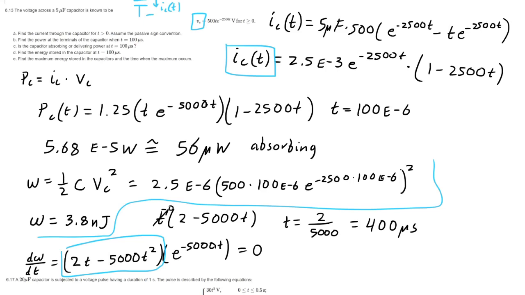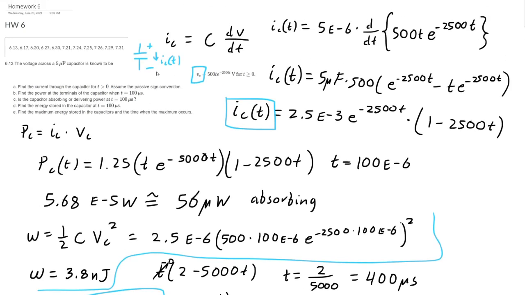We can find the energy using the same equation as before, work is 1/2 C v squared, but we plug in 400 instead of 100 in that expression. You end up with the maximum work being approximately 13.5 nanojoules. So it's all calculus stuff. It's not super hard, it's just pretty tedious.